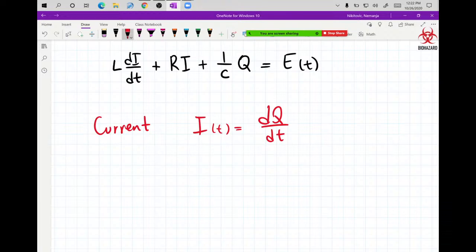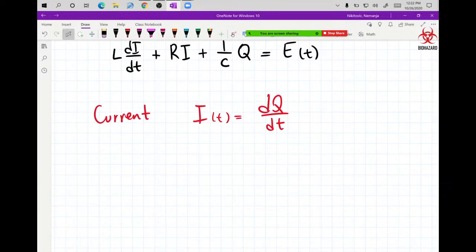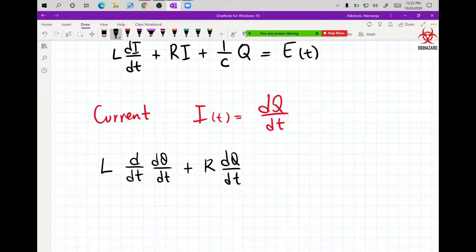And what you get is L d/dt of I, which is dq/dt, plus R times dq/dt plus 1 over C of just q, there's no I there, equals E(t).